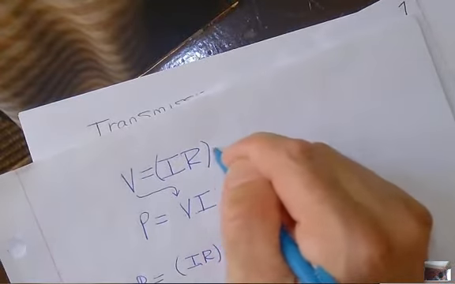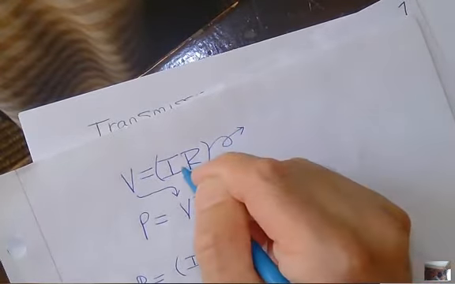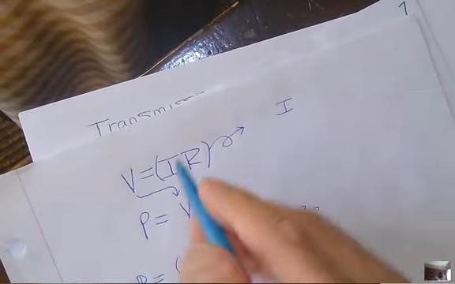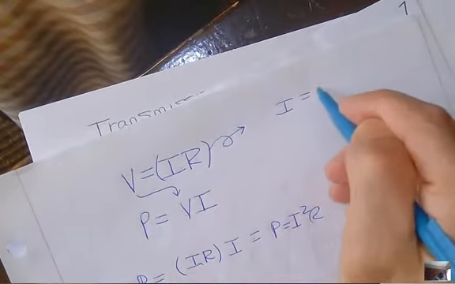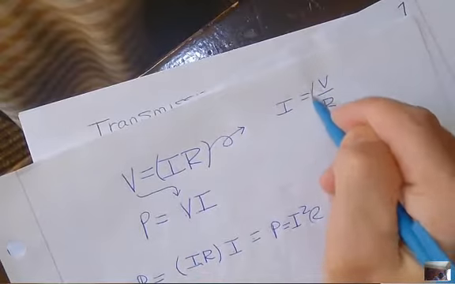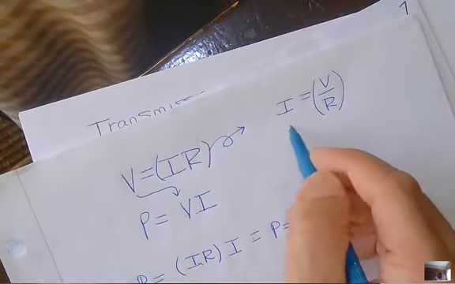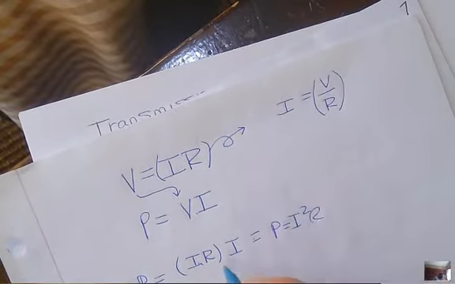Okay, second way I could substitute. Let's rearrange this one for I. So I is equal to V over R. All I did was algebra. Now this time I'm going to substitute for I in my power equation.